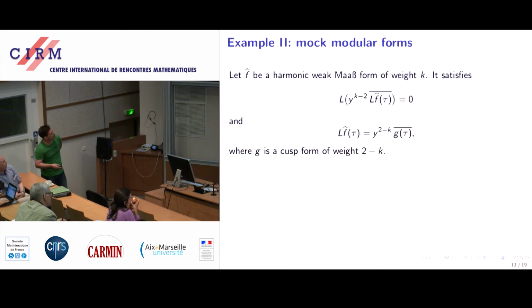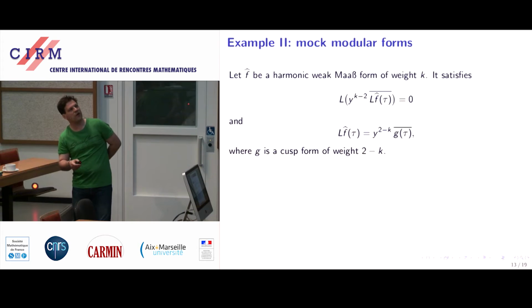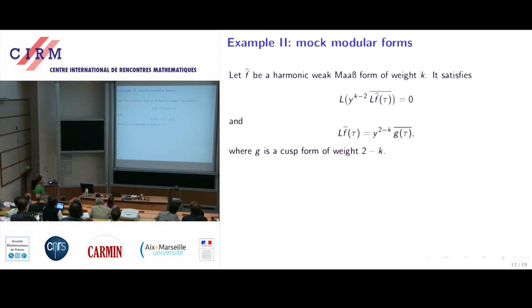So what do I do here? I take my function, I use the Maass lowering operator, then I do complex conjugation, multiply by a suitable power of y, and then do the Maass lowering operator again. And that should then be 0. It should be annihilated by this.